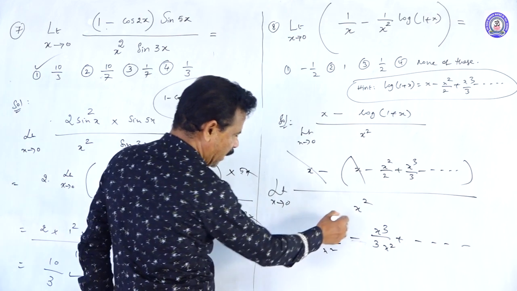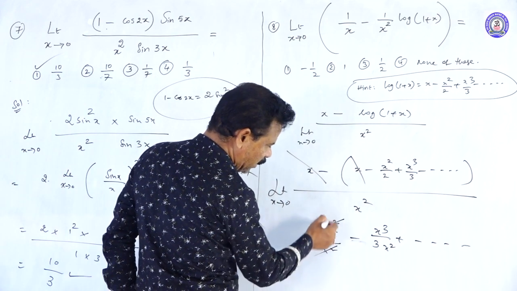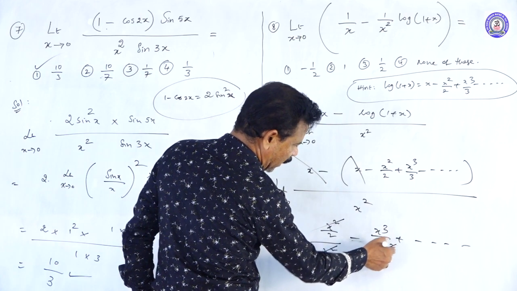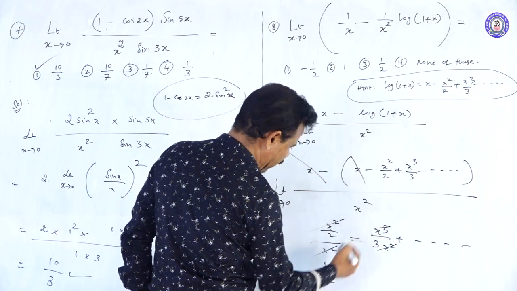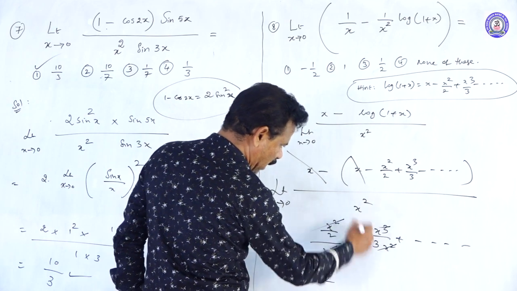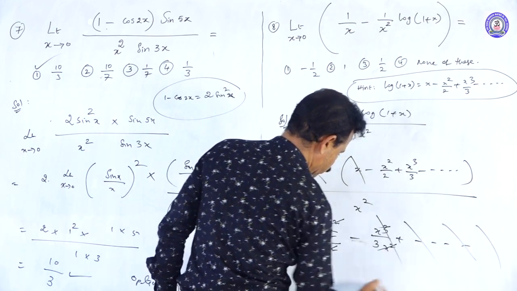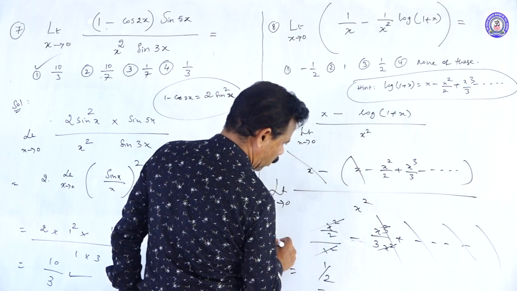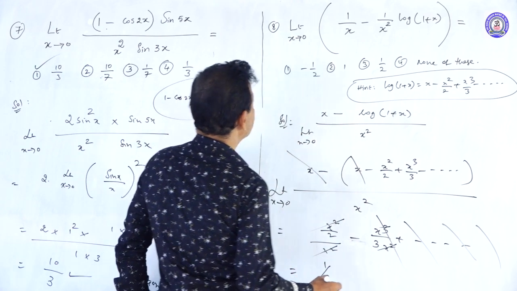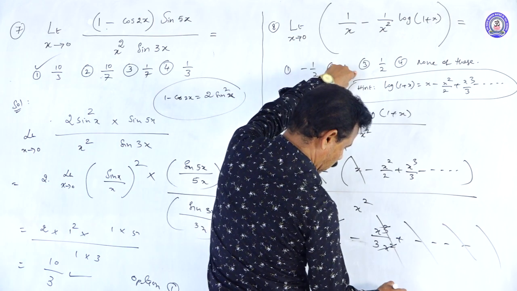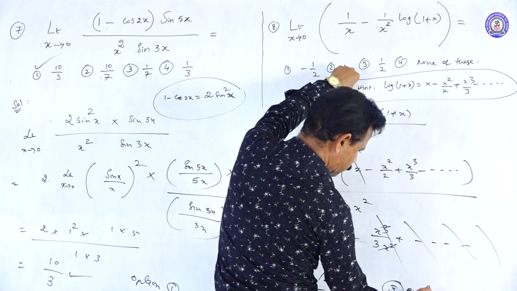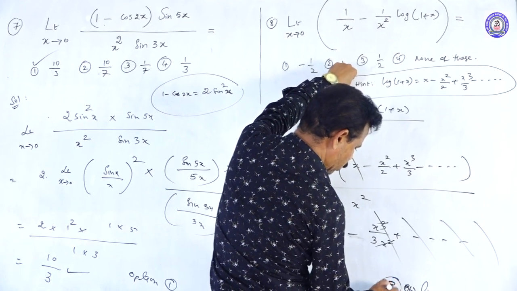So here x square gets cancelled. Here only 1 by 2. Here x cube by x square, here x coming, x by 3, whereas x tends to 0, this value is 0. All terms are 0 after that. So 1 by 2 is the only right option. Which case? Third option. Third option is the right answer.